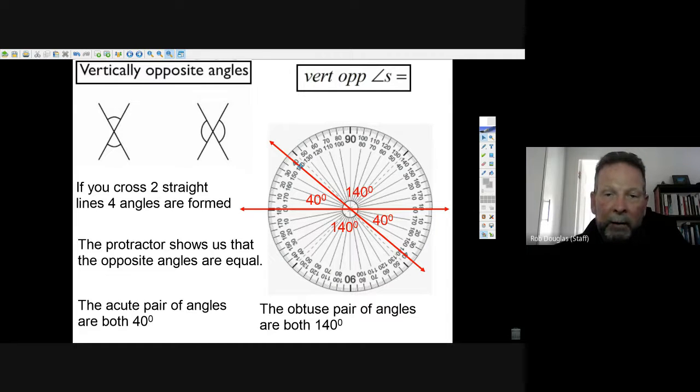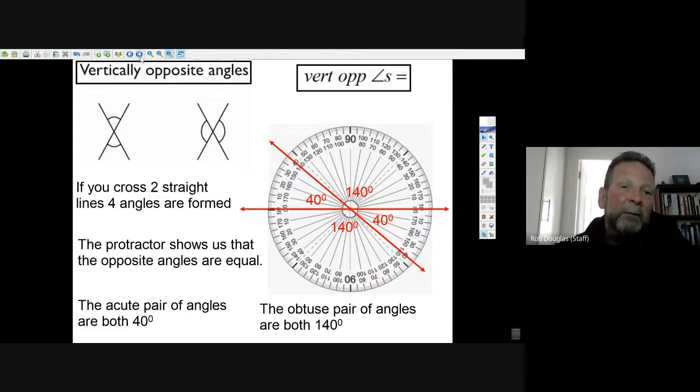There's 140 degrees. Well, let's look back down here on the other side: 10, 20, 30, 40, 50. You just keep going. It's exactly 140. I could do this 1,000 times. It's not a proof, but it would show me pretty darn for sure that vertically opposite angles are equal.